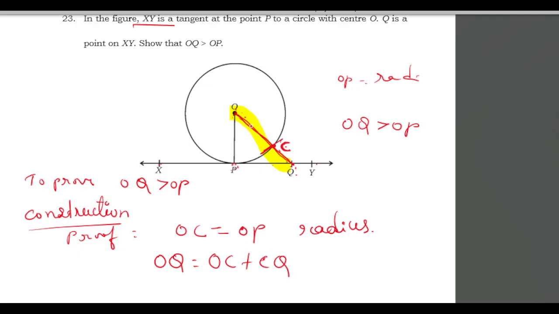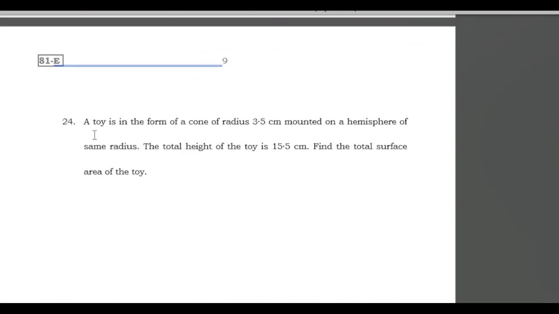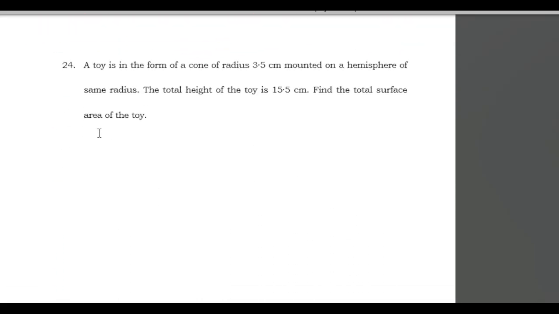First you add OC, then you add CQ, then it becomes OQ. Therefore, OQ is greater than OP. This is a very easy and simple problem. So next, we move on to the 24th question.